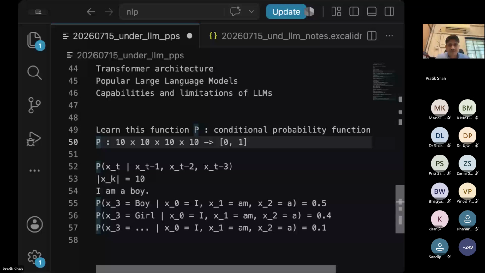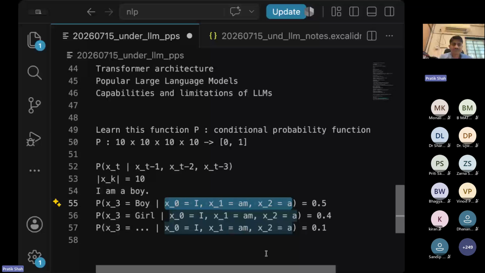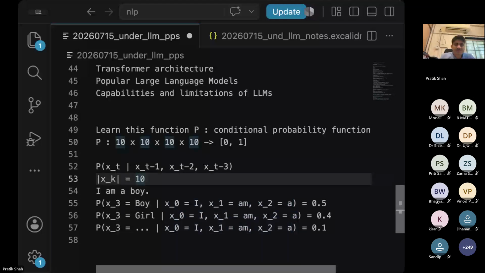If I show this model many English sentences, it will learn this sort of conditional probabilities. And whenever somebody shows the model "I am A", it gives output which is a probability on a scale of 0 to 1 for each output word. So if my vocabulary is 10, I would get 10 such probability outcomes. For all 10 words, I would get a probability. The highest probability is for the word boy.